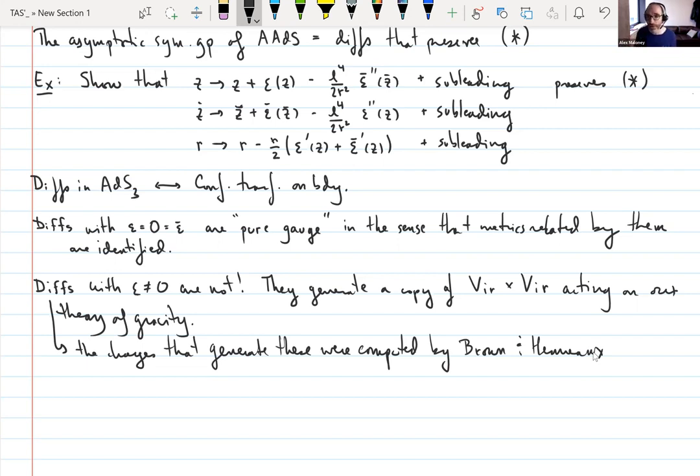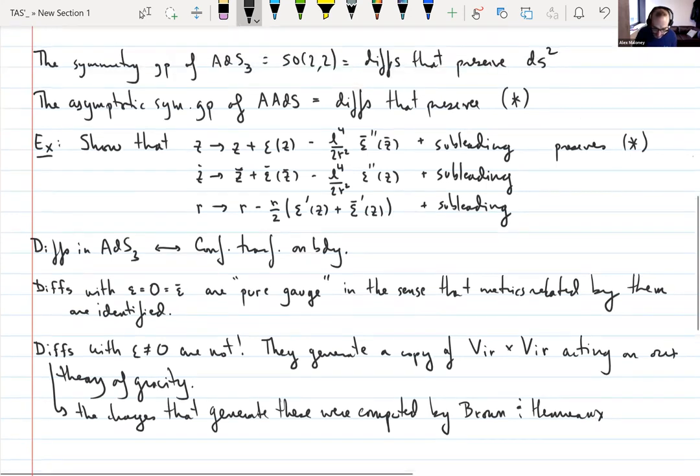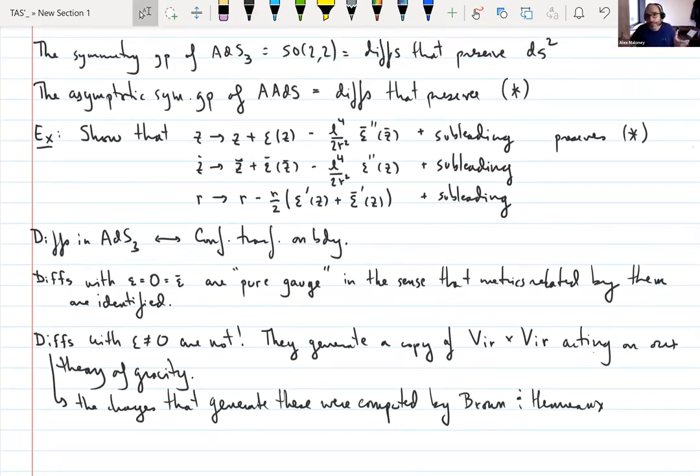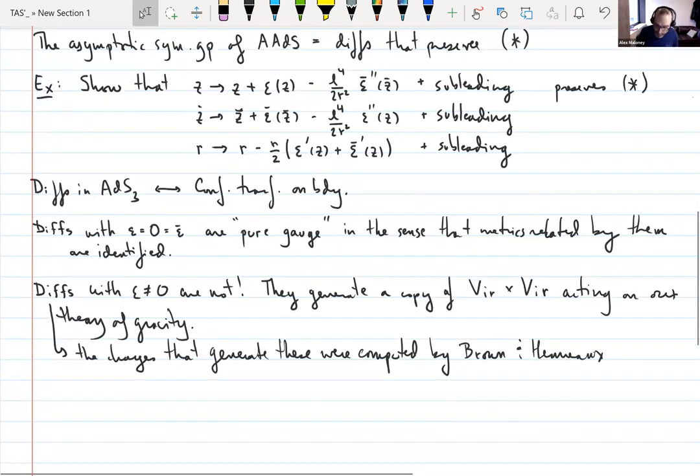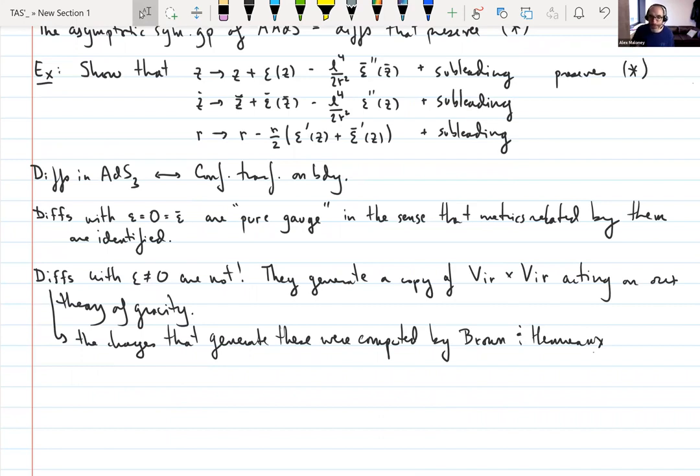So for example, you could try and define boundary conditions that blow up more quickly at infinity or something like that, but the corresponding charges that generate them would diverge. Okay. So the boundary conditions that we're considering here are precisely those for which the charges are finite. And in particular, spoiler alert, these charges are going to obey the Virasoro algebra with some central charge. And this central charge was computed by Brown and Henneaux.